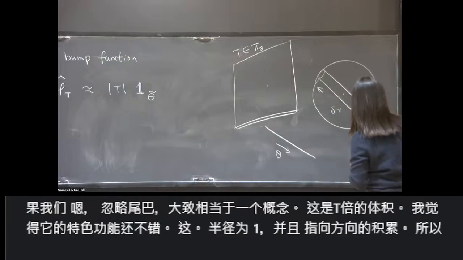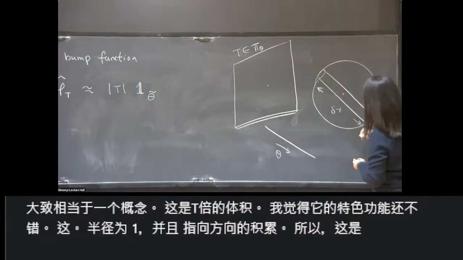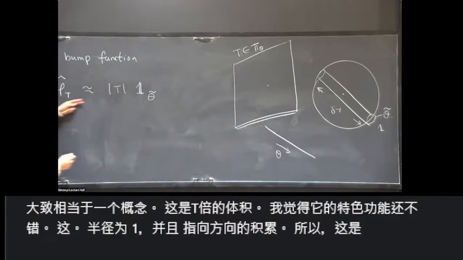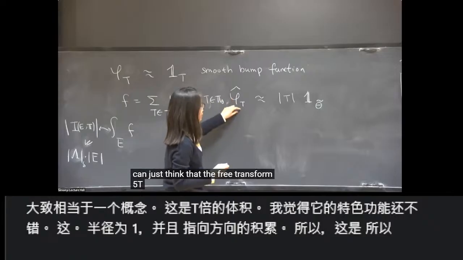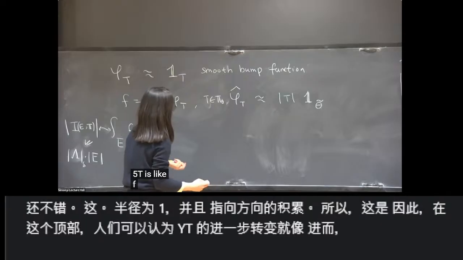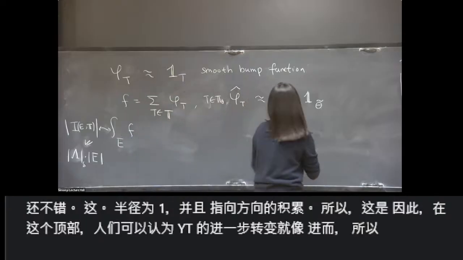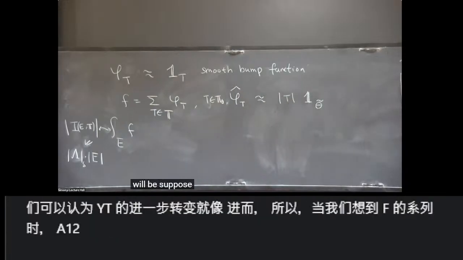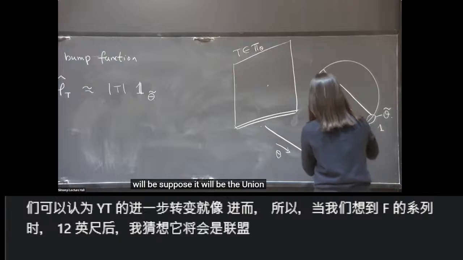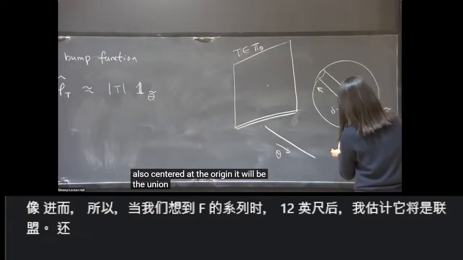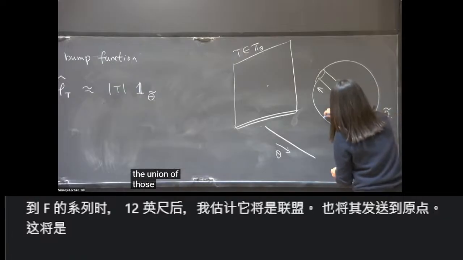So in this talk, one can just think that the Fourier transform of phi t is like this function. And then when we think of the Fourier transform of f, it will be the union of those tubes, also centered at the origin.